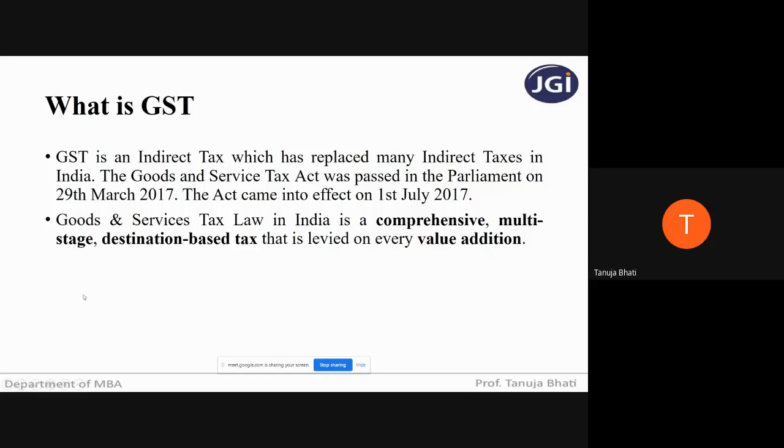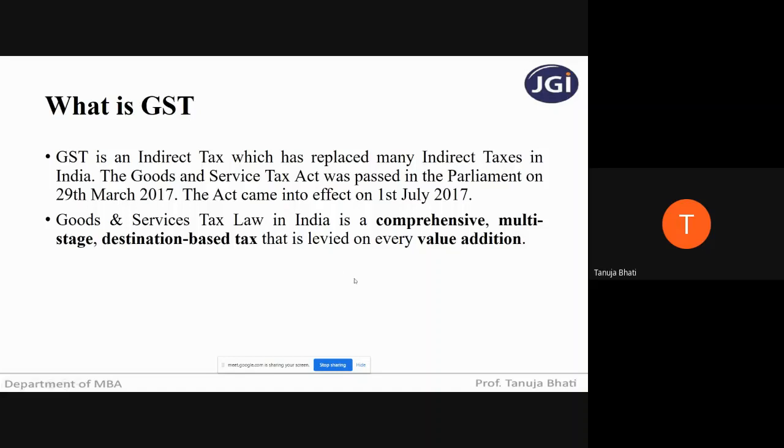Next, multi-stage. See, GST is levied at each and every stage of the goods through which it passes. Like taking from the manufacturer to the wholesaler, GST is charged. From the wholesaler to the retailer, from the retailer to the final consumer. So at every stage, GST is being charged on the value that has been added to the commodity or services.